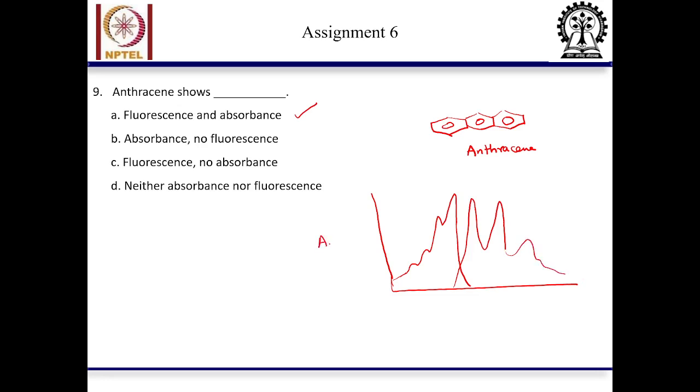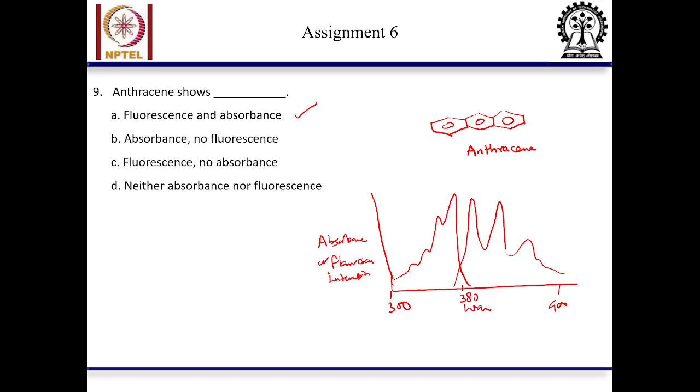So this is your absorbance, and this is fluorescence intensity. Basically this is from 300 to 380 somewhere here. This is 460. So what is happening? It has both fluorescence and absorbance.